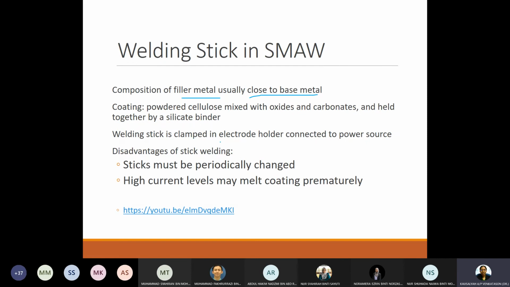The protective gas is created to protect the electrode. The welding stick is clamped in an electrode holder connected to the power source. The disadvantage is that sticks must be periodically changed, and high current levels may melt the coating prematurely.